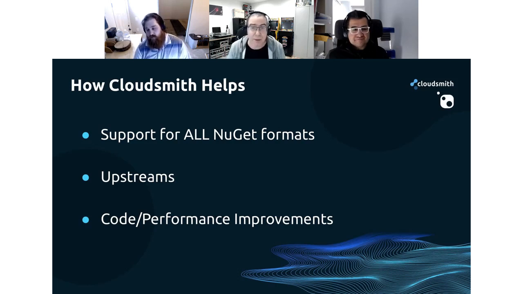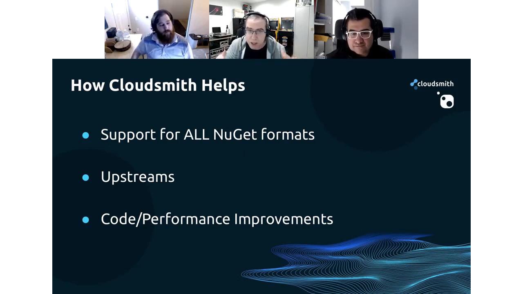And finally, just general code and performance improvements around our NuGet support. So we have supported NuGet itself for a while now. We are now bringing Upstreams, which is available, and it's actually just been made available to everybody this week, I believe. It's GA now, right? So it's fresh, hot off the press, as the saying goes.